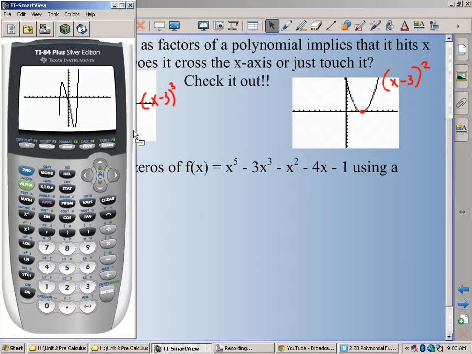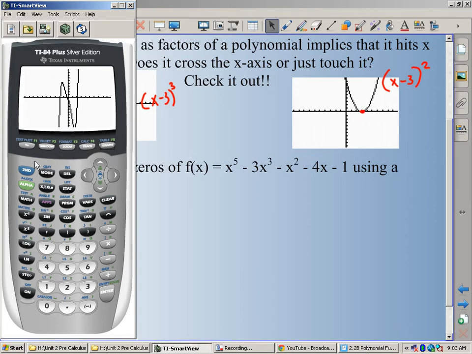And it should have 4 relative maximums and minimums. Well, this is where the repeated zeros come in. There must be some factors in here that cause it to just touch the x-axis and not give us up to 5 zeros. There must be some imaginary solutions or something like that.